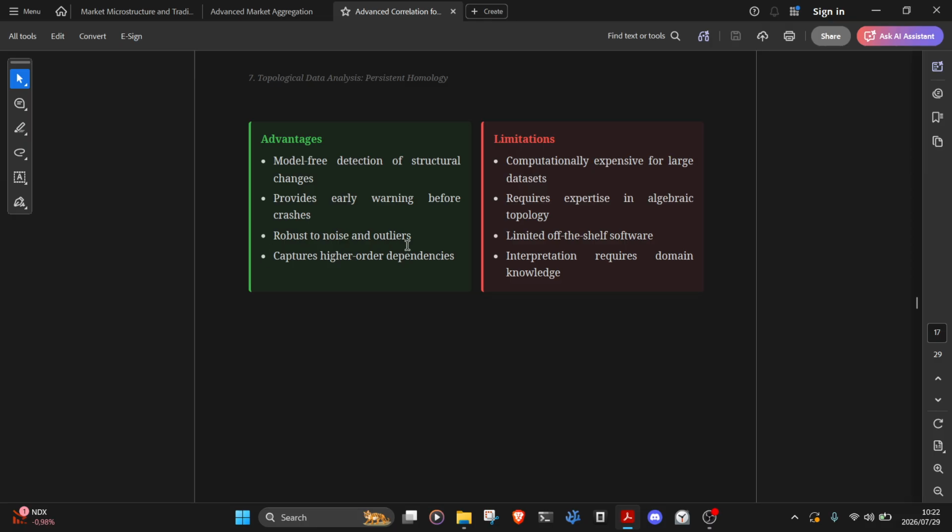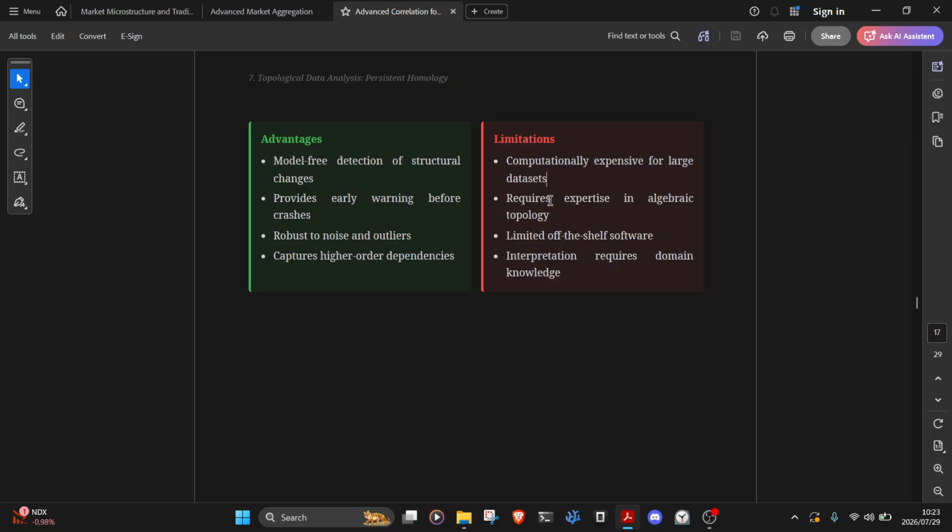Number three, robust to noise and outliers. Number four, captures high-order dependencies. And the limitations of this type of correlation, number one, computationally expensive for large data sets. Yes, it does take a lot of compute to apply persistent homology to very high-dimensional data sets.